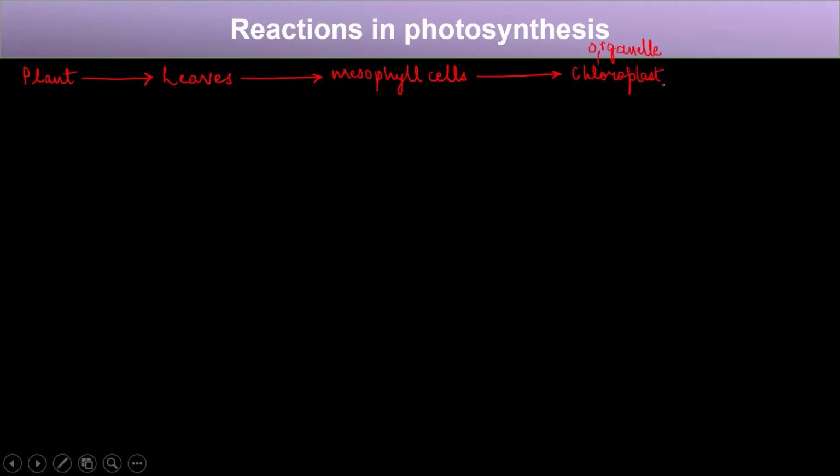Now, inside the chloroplast, because a chloroplast is also a double membrane structure, we'll see the structure after this. Where does photosynthesis take place? It takes place in the stroma and thylakoids.